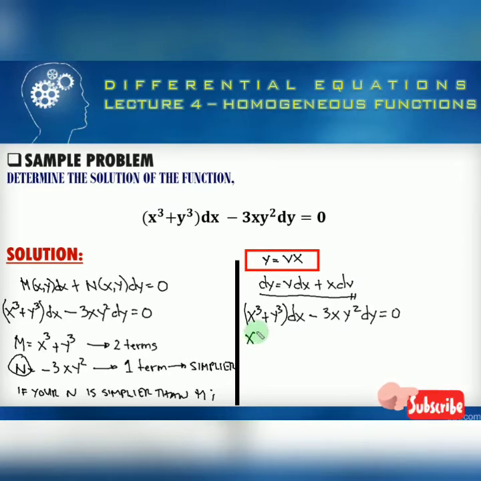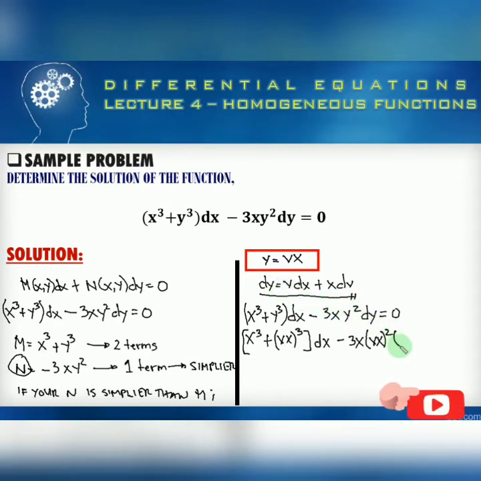So we have x cubed plus bx raised to the cube, enclosed in brackets, dx, minus 3x, and y squared becomes bx squared, times dy.